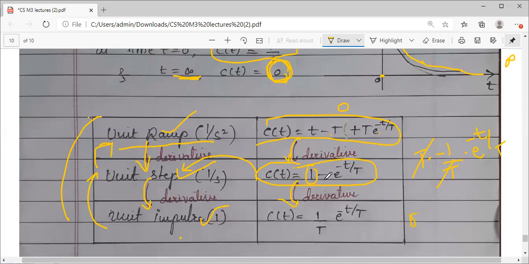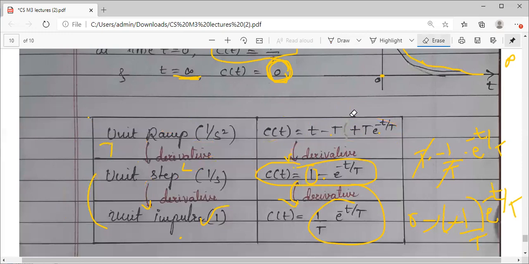Differentiation of 1 is 0, minus differentiation of this, minus of 1 by t into e raised to minus t by t. This minus minus will cancel, you'll get this back. So just as the inputs are related in a derivative manner, their outputs are also related in a derivative manner.